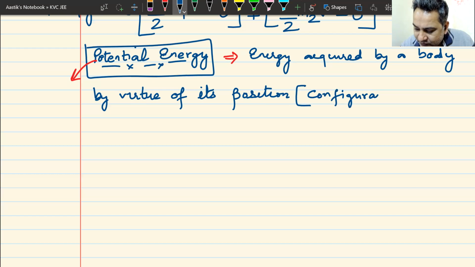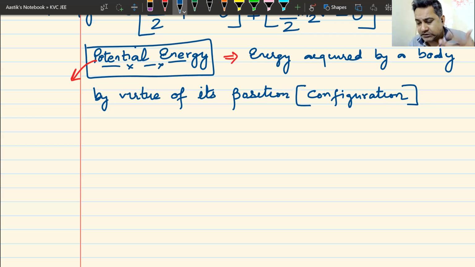Now, what do you mean by configuration or arrangement? While we are doing gravitation, we are going to do gravitational potential energy also. I'll give you an idea, but the exact idea of this configuration or arrangement you will probably get in the chapter of gravitation. So energy acquired by a body by virtue of its position or configuration.